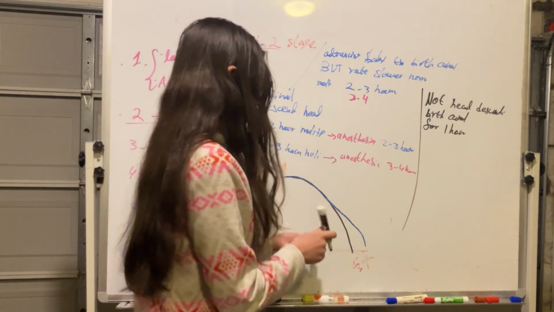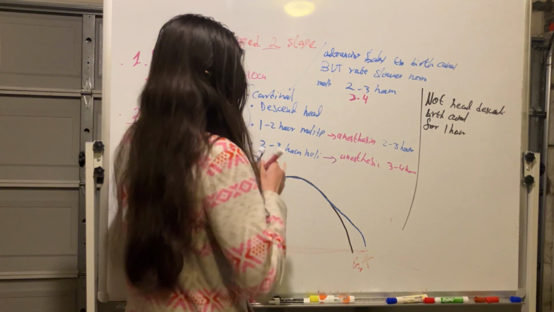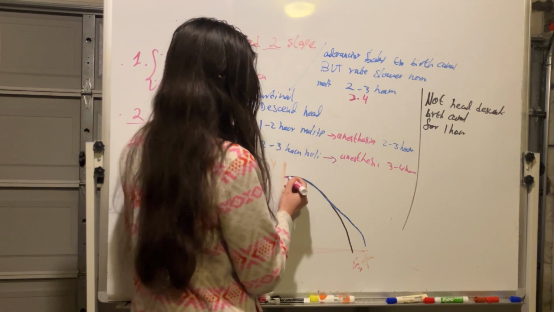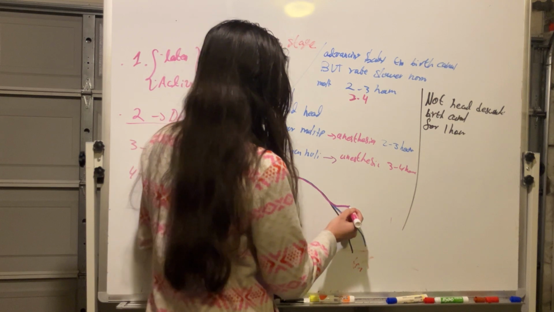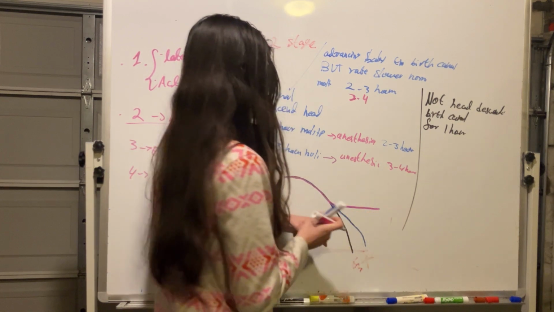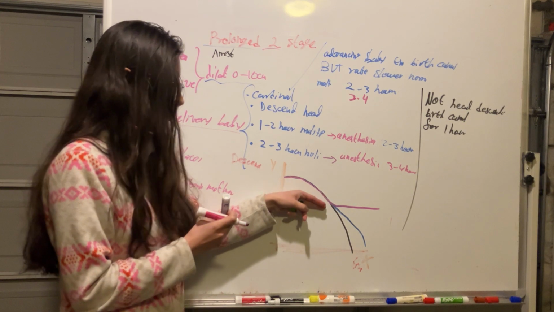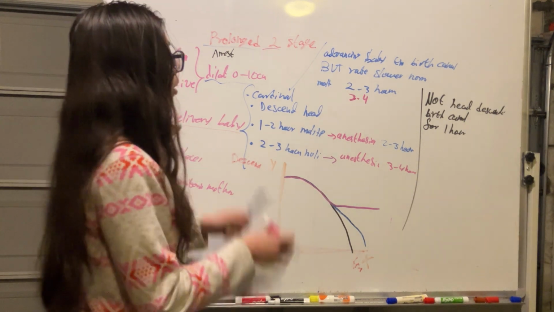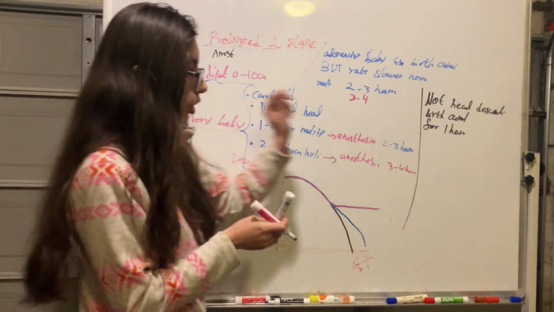And here the graph is, so the head could be descending, but at some point we have an arrest, so the head is no longer descending. The head is stuck at the same station. So the difference between prolonged and arrest is that arrest is no change.